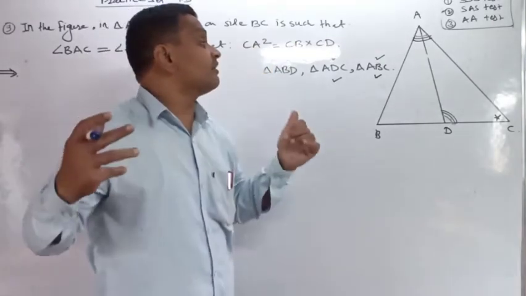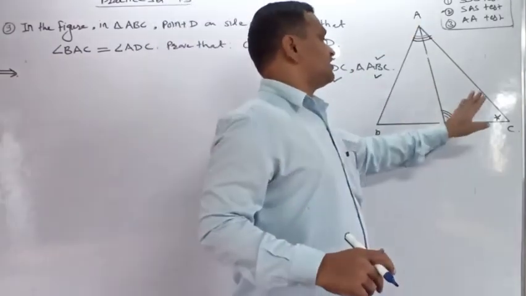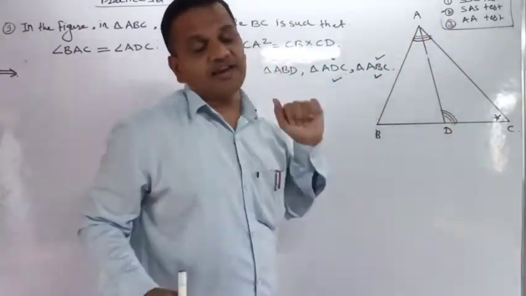And which are the two triangles? The triangles are ADC, this smaller triangle, and the bigger triangle ABC.